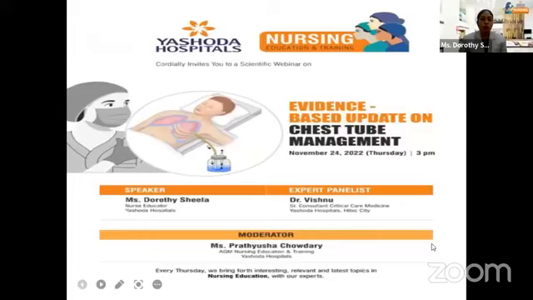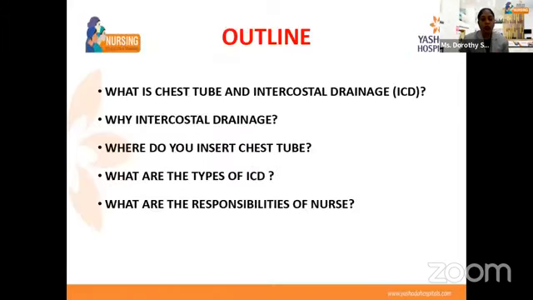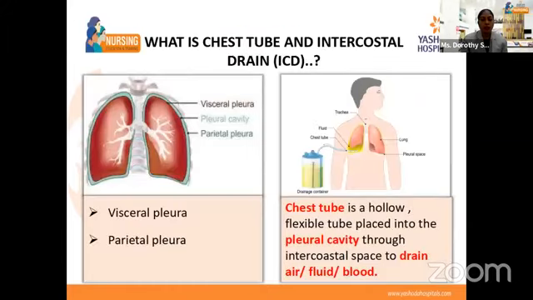So a chest tube is insertion of a flexible tube inside the pleural cavity, entering through the intercostal spaces. What is its function? The chest tube's function is to drain out excess air, fluid, blood, and pus from the pleural cavity.